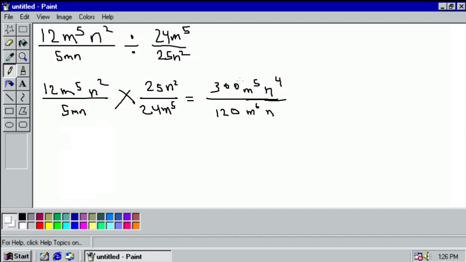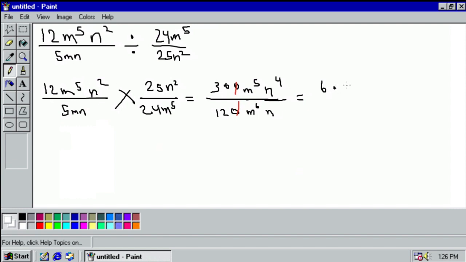Now we can cancel the zeros, so we have 30 over 12 left, and they have a common factor of 6.